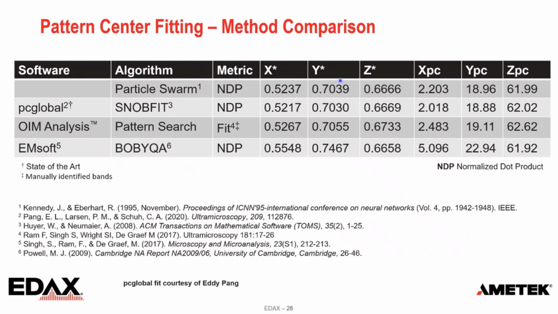BOBYQA actually had difficulty with local minima, but the other results all agree quite well. The difference being that for the Hough-based approach, I had to draw the bands manually to get a very good result, and the snob fit approach can be pretty slow.